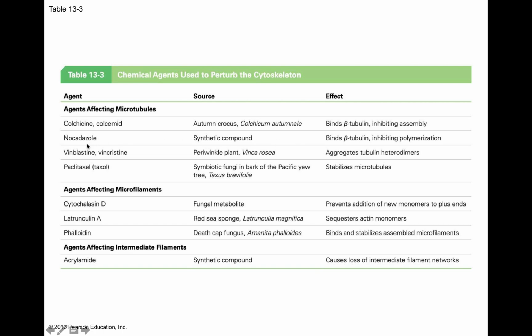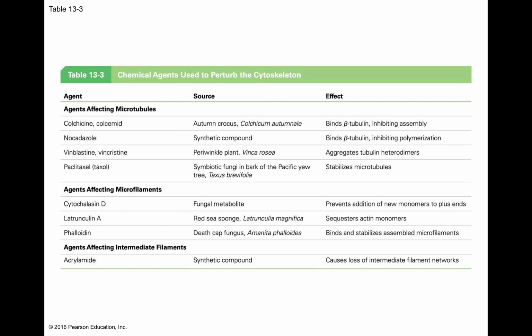There's another one called vinblastine that also inhibits the growth of microtubules, and then there's Taxol. You might have heard about that. What this does is it stabilizes microtubules, prevents them from destabilizing, and therefore doesn't allow microtubules to change.